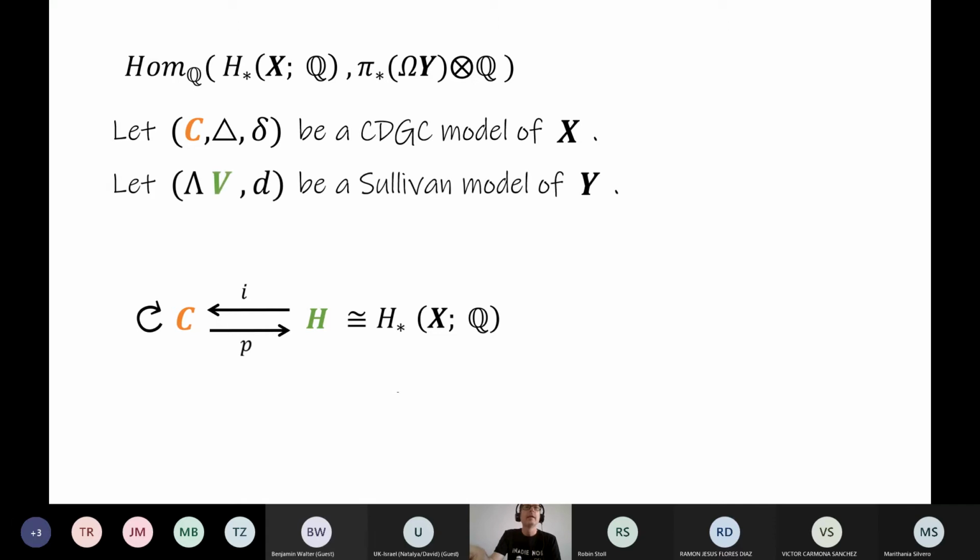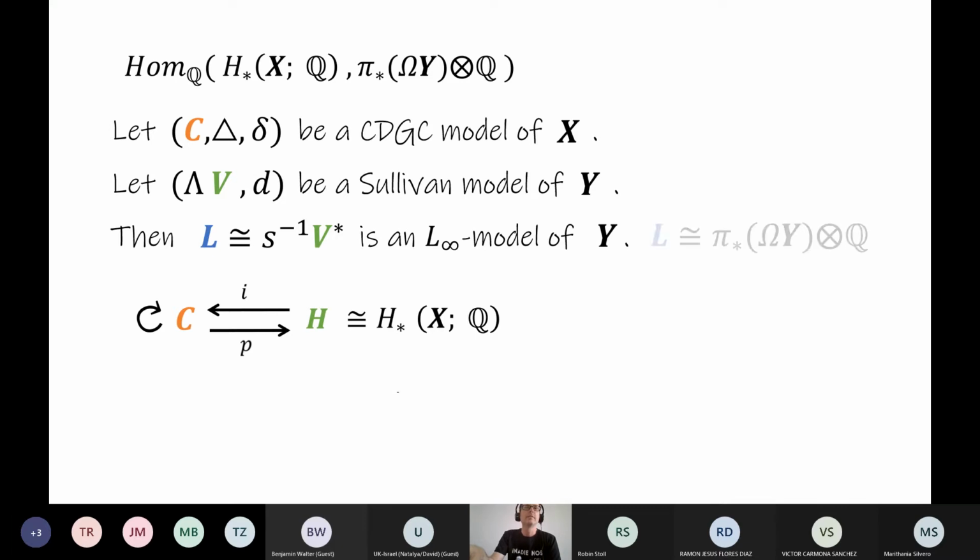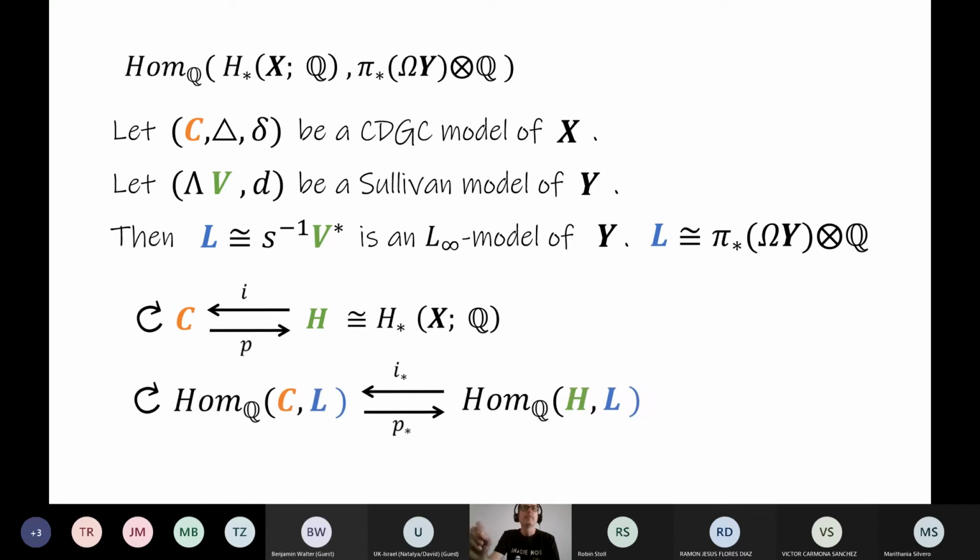as we have seen, and we take a Sullivan model of the target. Recall that if we take L, the suspension of the dual of this is an L-infinity model of Y. This is an L-infinity algebra such that the cochain on this L is just the Sullivan model of Y. So this L is just the rational homotopy groups of Y shifted by 1, so the loop of Y. And take now the functor linear maps to L into this first contraction.